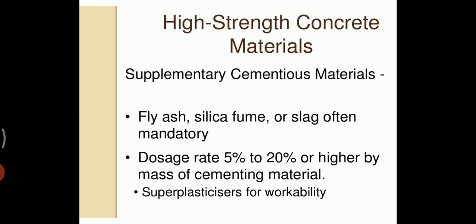Among them there is one more compound, calcium hydroxide, which is an unwanted product and is a main parameter that reduces the strength. That unstable product is converted into a stable product, which gives additional strength to this concrete. For that purpose we are using these pozzolanic materials such as fly ash, silica fume or slag, often mandatory.